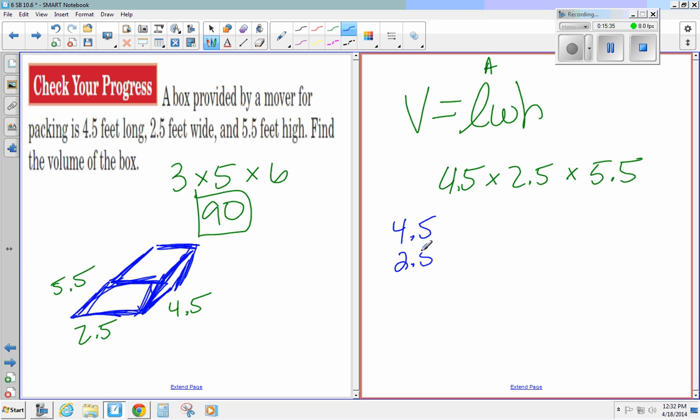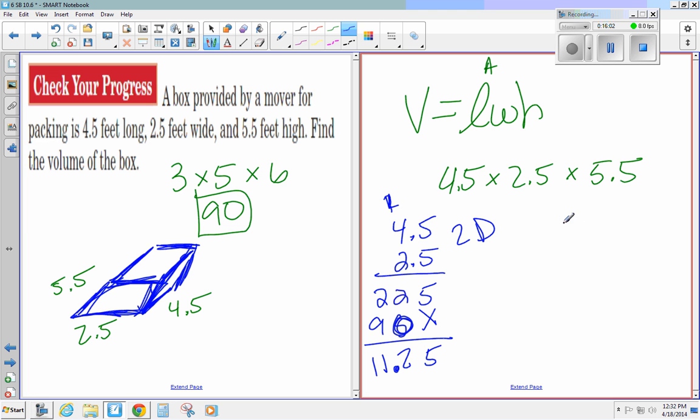Alright, now let's see if I can do this without making mistakes. 4.5 times 2.5. That's 25, carry the 2, 22. 5 times 4, 20 plus 2. Then we've got 10, carry the 1, 8, 9. So 5, 2, 11, or 1,125 with 2 decimal places. So now I've got length times width, 11.25. Let's multiply by 5.5.